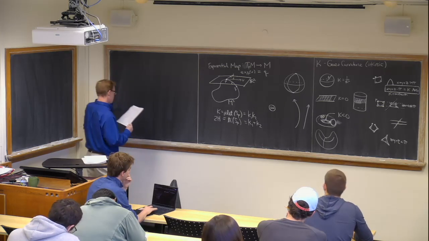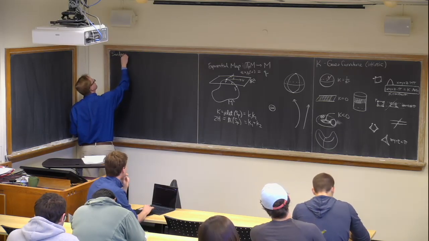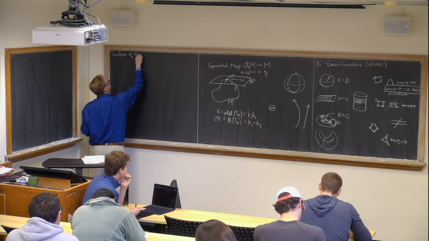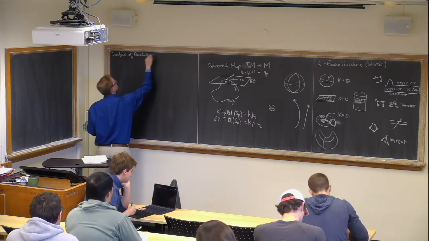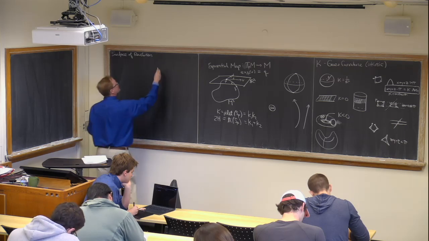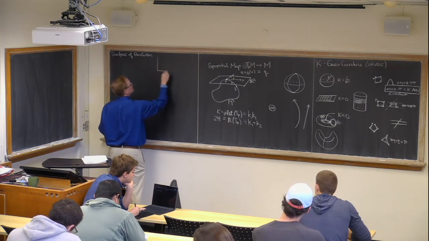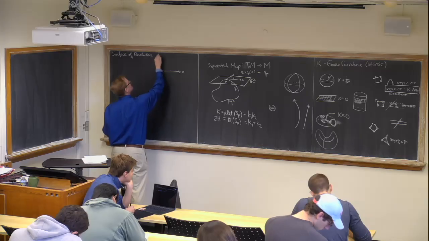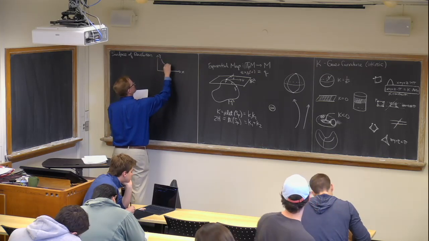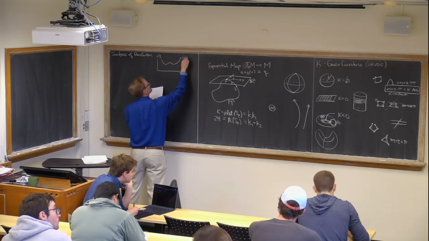And so you can do some examples, like a surface of revolution. Here we take the xy plane, take some curve, g of u, comma, h of u.